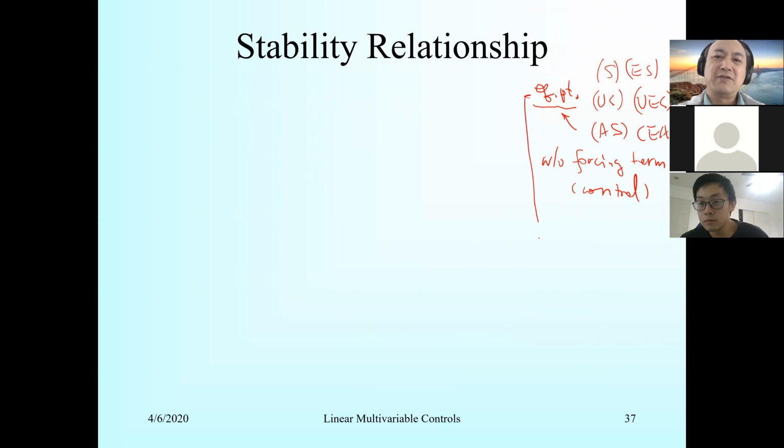If you have an input signal in there, the whole system is inhomogeneous. Then we need the notion of BIBO.